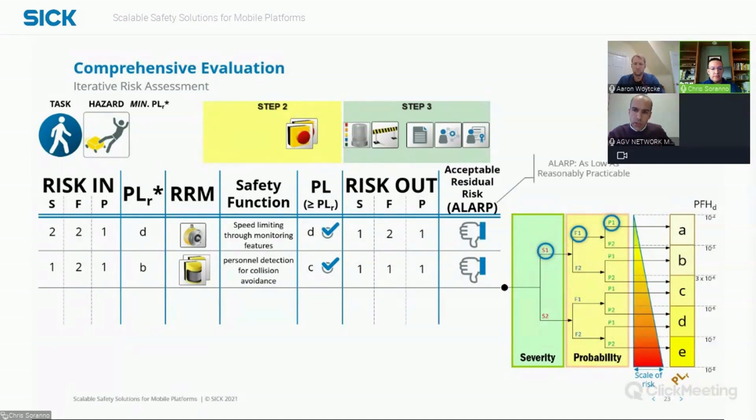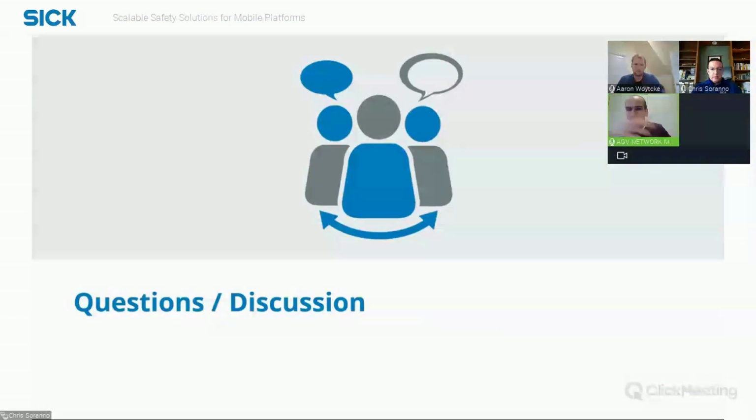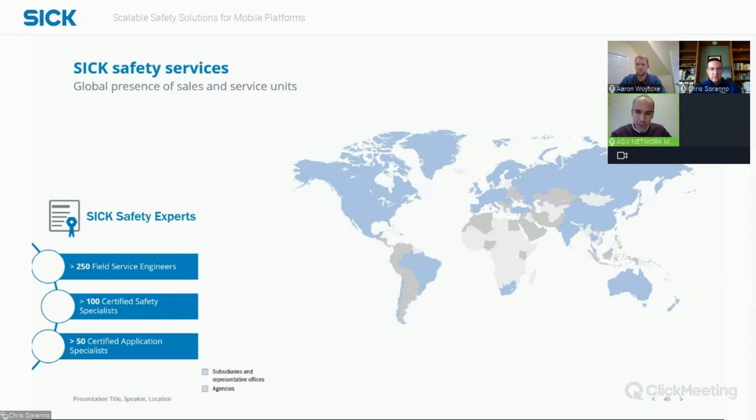And this comes to my next question that I saw that you already answered, but I think it's important for everybody, because I think this is quite complex, this kind of risk assessment and all the things that are involved. In fact, you have 200 field engineers, 100 certified safety engineers, 50 application engineers.